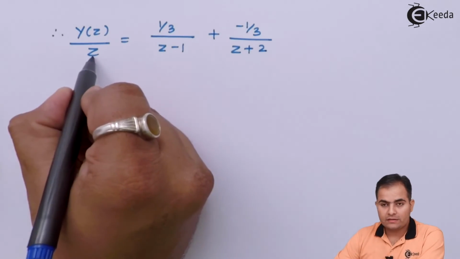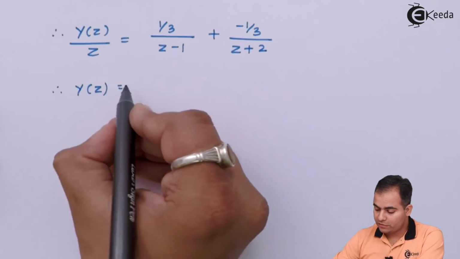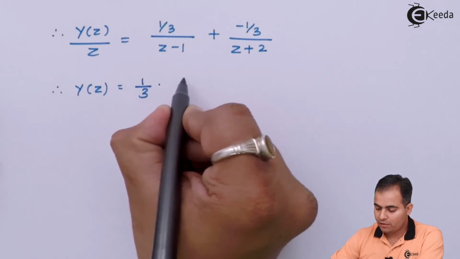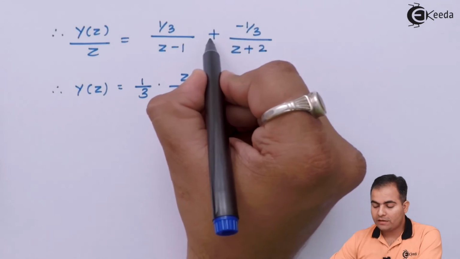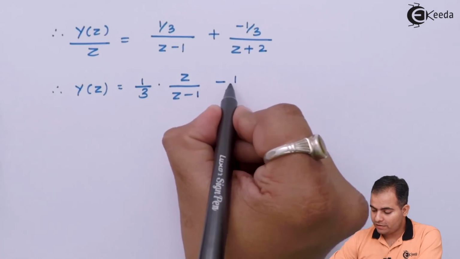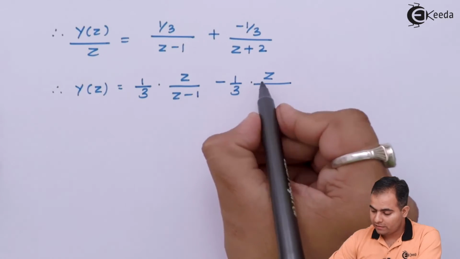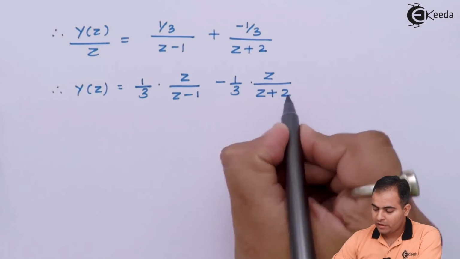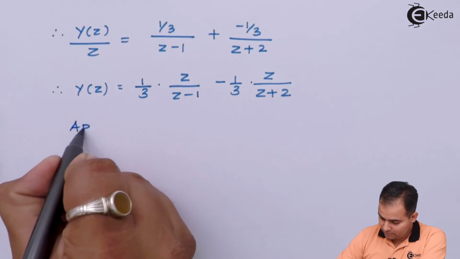Now we'll multiply this z on the right hand side. I'll write the constant part first: 1 by 3 into z upon z minus 1, and minus 1 by 3 into z upon z plus 2, with z written first in the numerator and then the denominator. Now I'll apply inverse z transform on both sides.